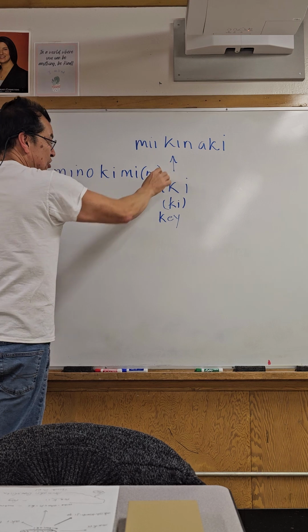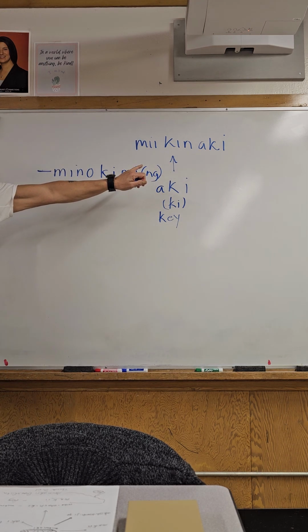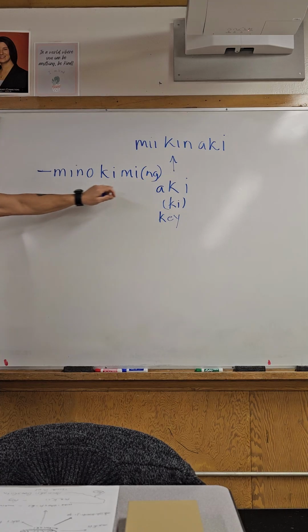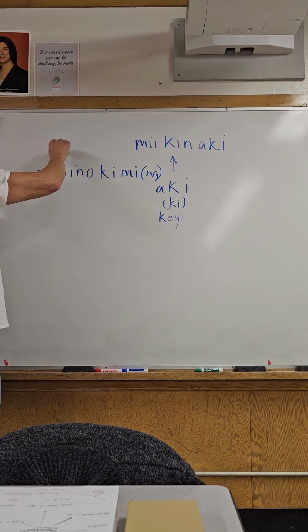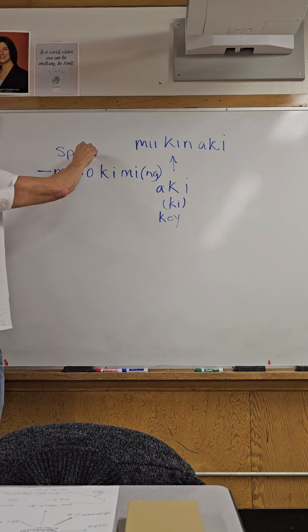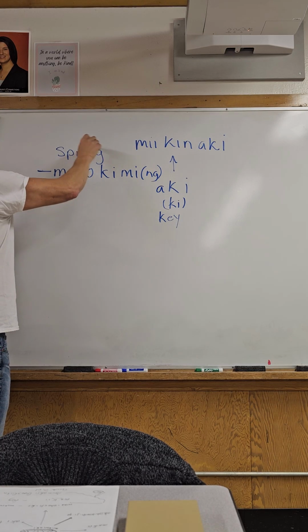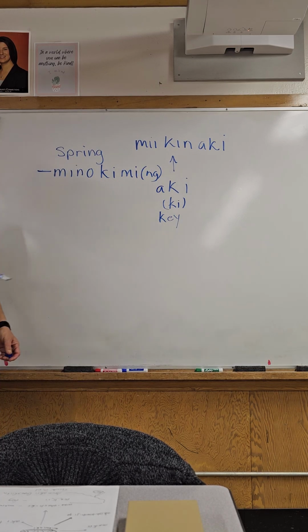I'm going to put an ng. This is the locative ending. Remember, locative indicates a place in space or time. So minokame is sometimes referred to as spring, the season spring. And then when you add the ng, you change it to in the spring, or during the spring, in the springtime. Minokame or minokaming.